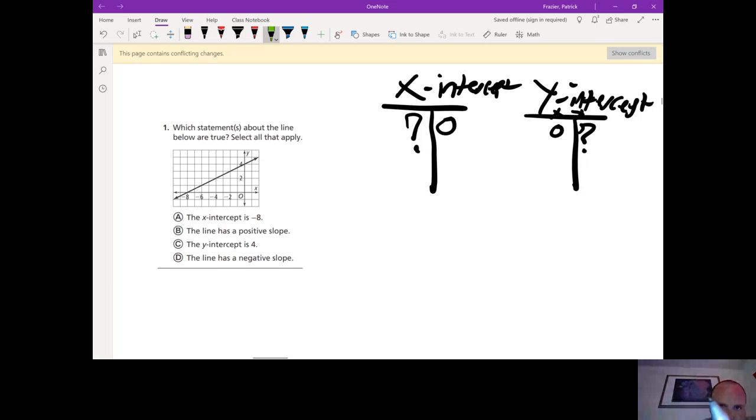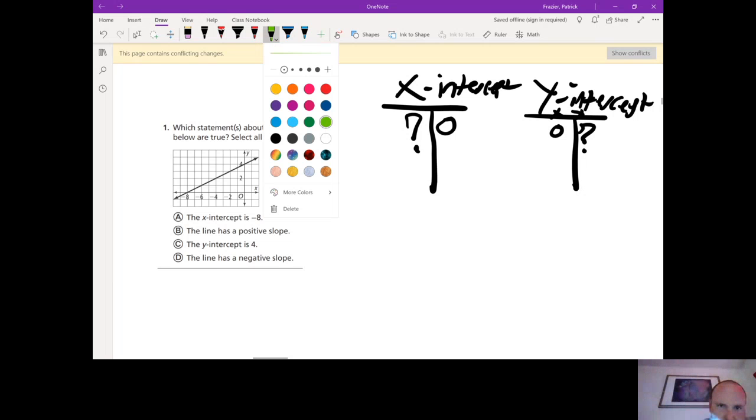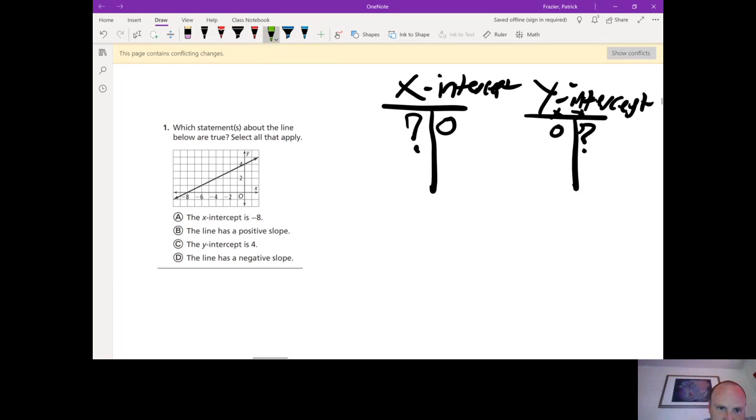Let me use green. This is the horizontal axis, and the y-axis is the vertical, up and down. So for the x-intercept, we don't know what x is, but we know that y is 0.